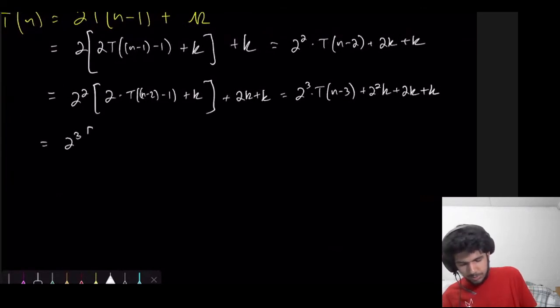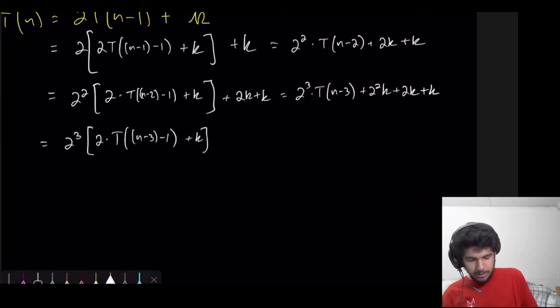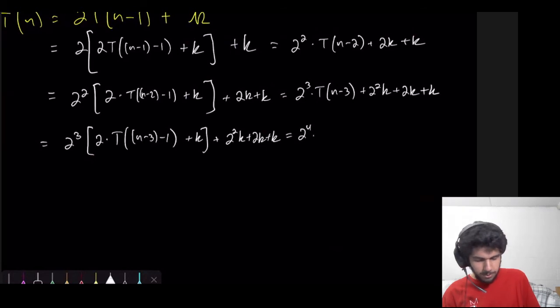So 2 cubed, 2 times T((n-3)-1) plus k, plus 2 squared k plus 2k plus k. And this simplifies to 2 to the 4th times T(n-4) plus 2 cubed k plus 2 squared k plus 2k plus k.